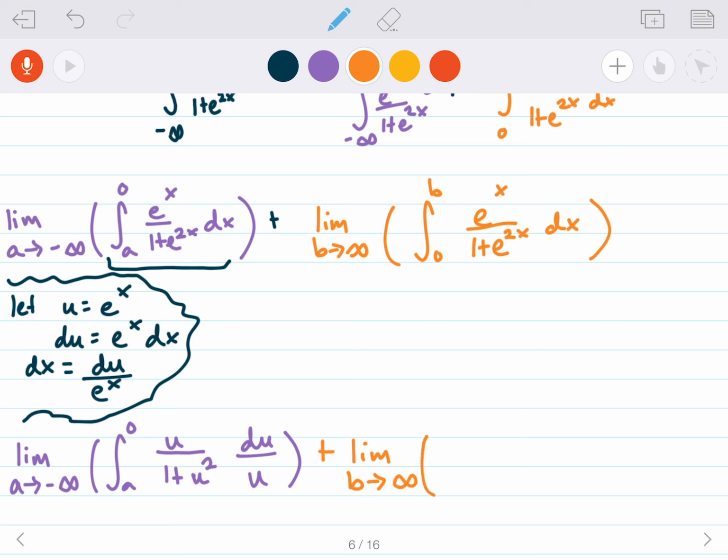This is the same exact integral, so I'm just going to do the same thing. And these u's will cancel pretty nicely to just give me 1 over 1 plus u squared. So let's do that.